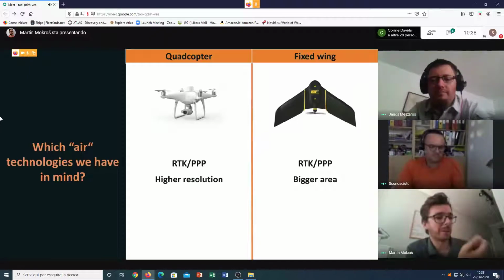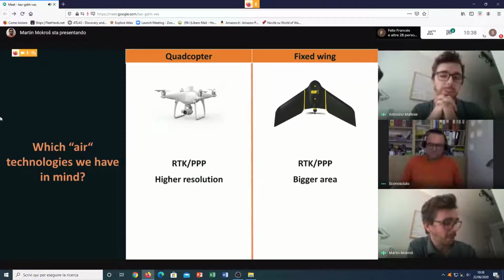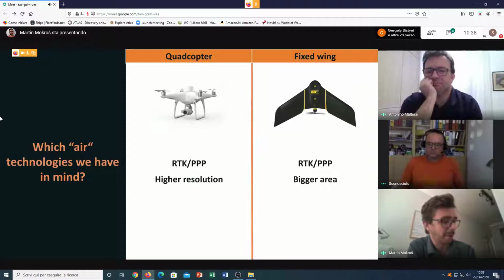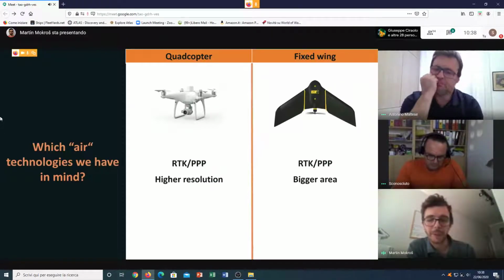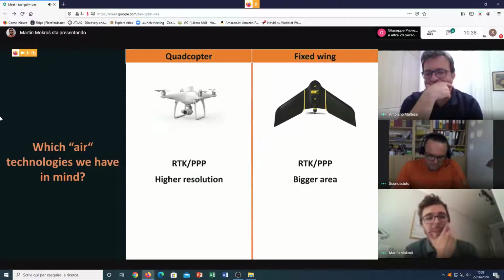Currently we are doing a review paper with colleagues from the Finnish Geospatial Research Institute, and we have also done this review on these LiDAR sensors for UAV. I need a project to implement something like that, because it's cheap, but you have to have lots of things to put it together.